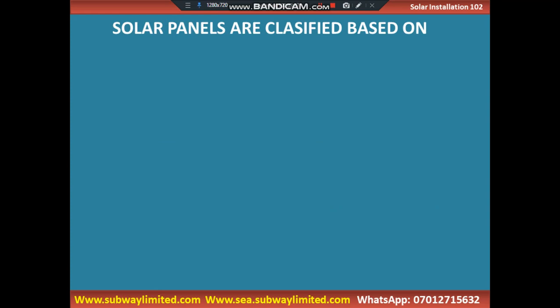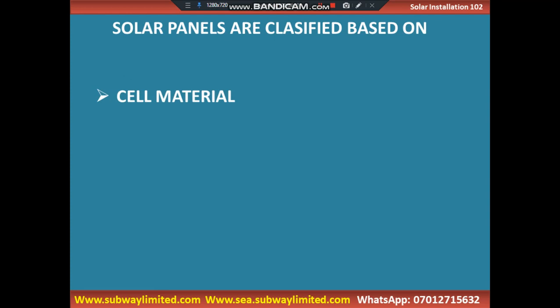Then we also know that the solar panels are classified based on the cell materials. When we are considering the cell materials, we are talking about the material makeup of the solar panels, the silicon crystals that are used in the manufacturing process of each of the solar panel.